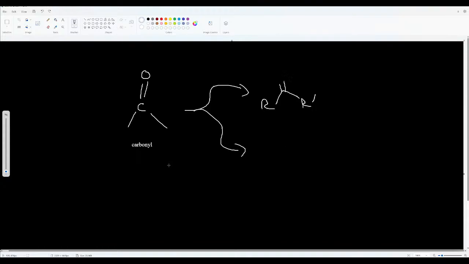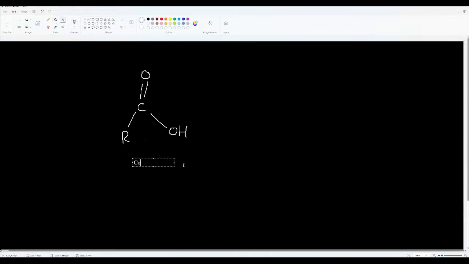So the thing about a carbonyl is that once you add an OH, this becomes a carboxyl. I don't really like the name carboxyl. It's not really specific as to what it can do.